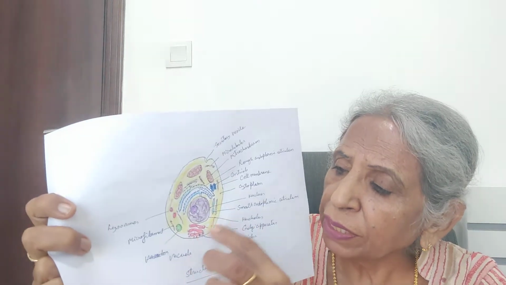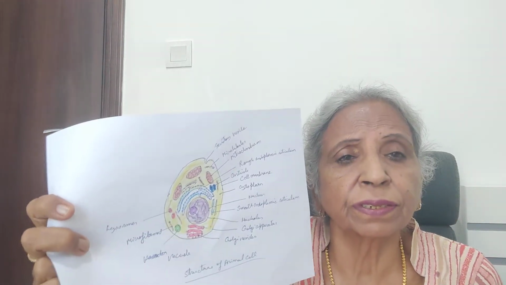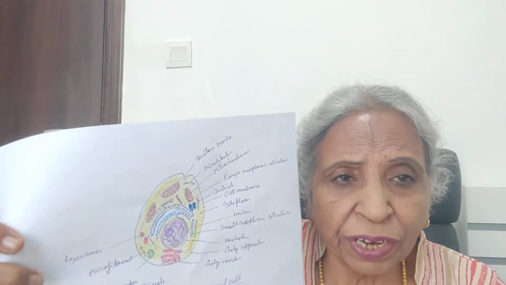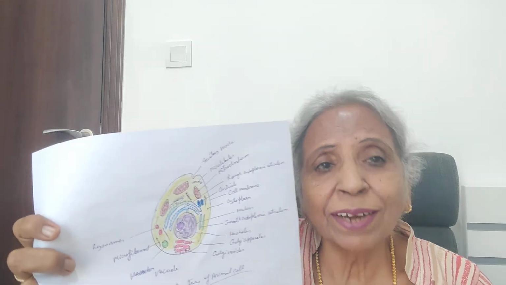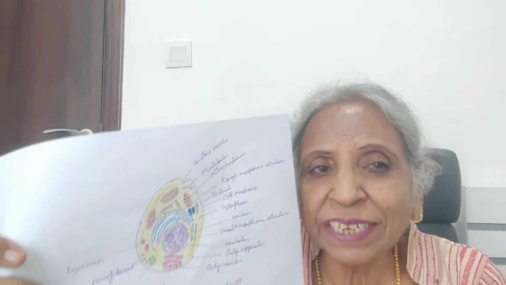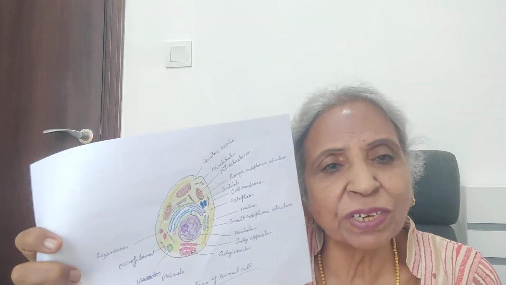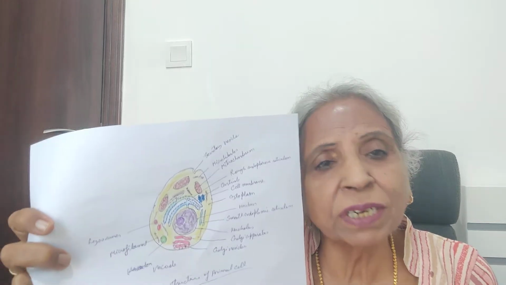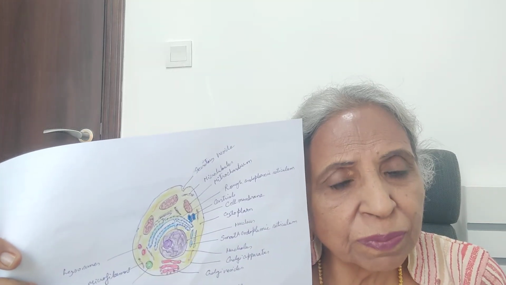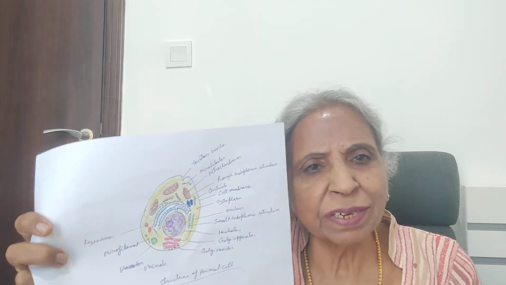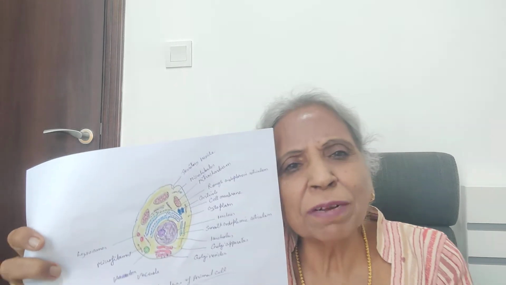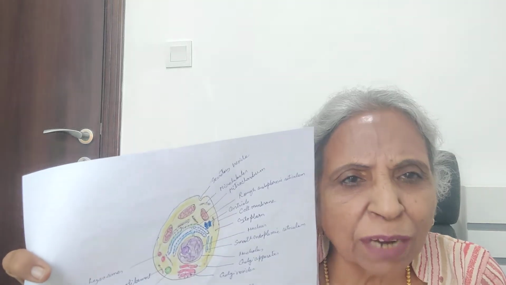The function of the Golgi bodies is to store, to modify, to pack, and to transport the material inside the cell wherever it is needed. Which material? That which is synthesized by the endoplasmic reticulum. That is, some proteins are converted into enzymes, some lipids are converted into hormones.